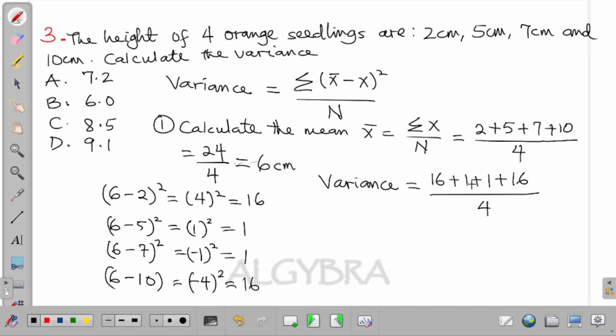So 16 plus 1 plus 1 plus 16 is equal to 34, divided by 4. So 34 divided by 4 is equal to 8.5. Therefore, the variance of this distribution is equal to 8.5. So option C is the correct answer.